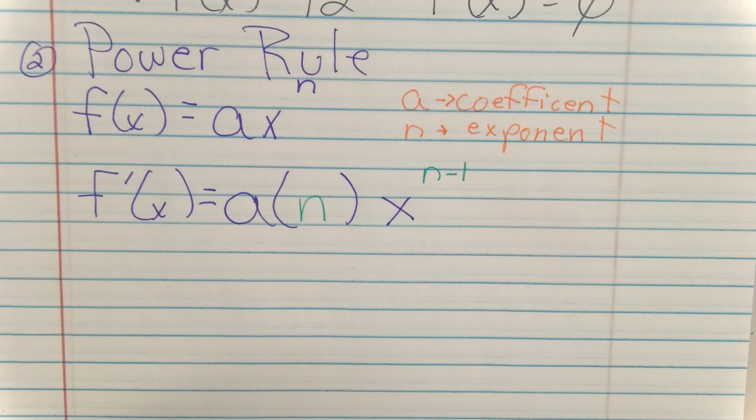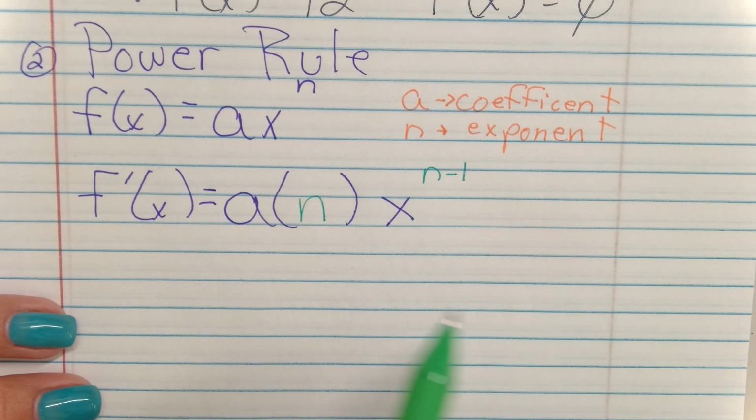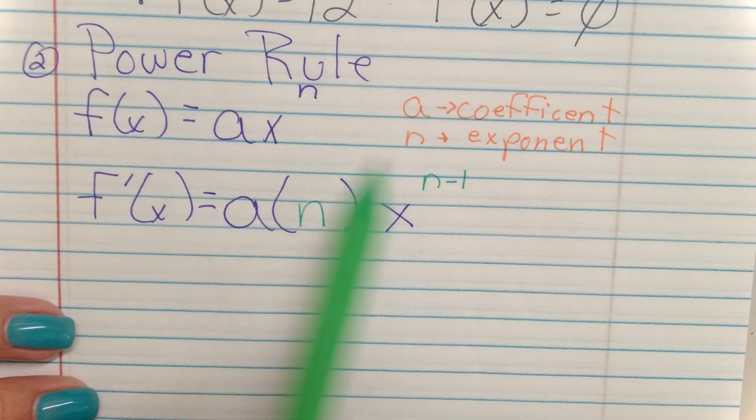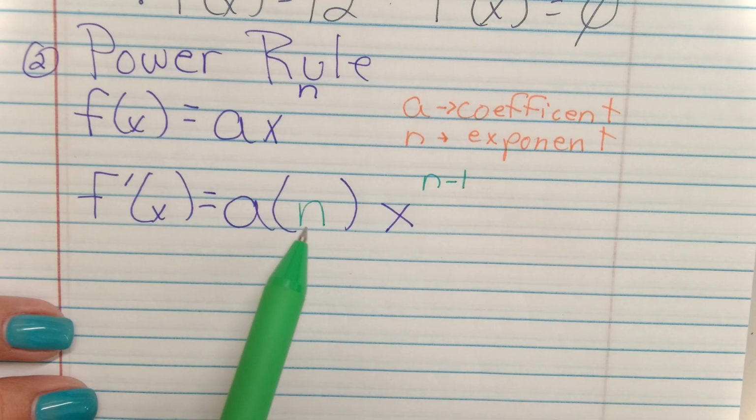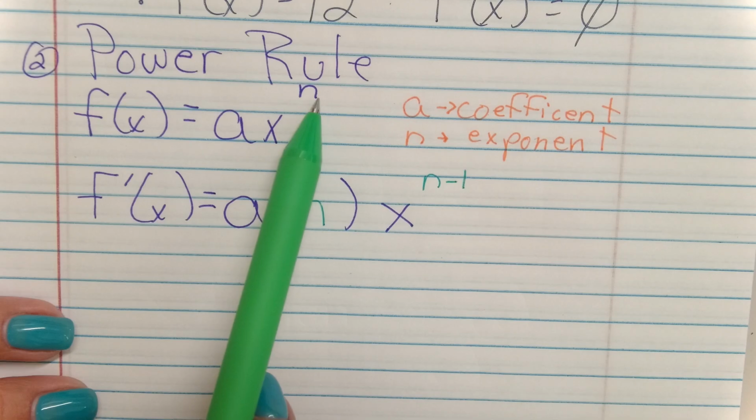You do not have to memorize these rules. These rules will be given to you on any assessment, but you just have to know how to use them. So again, to find the derivative of a power rule, of a polynomial, we take the coefficient, multiply it by the exponent. Coefficient, exponent.